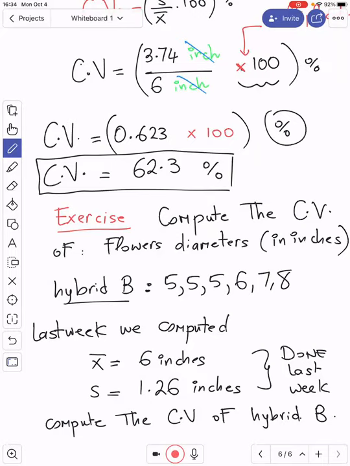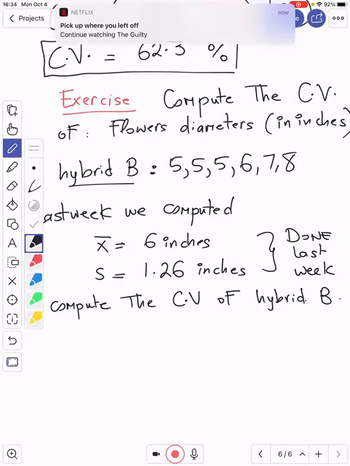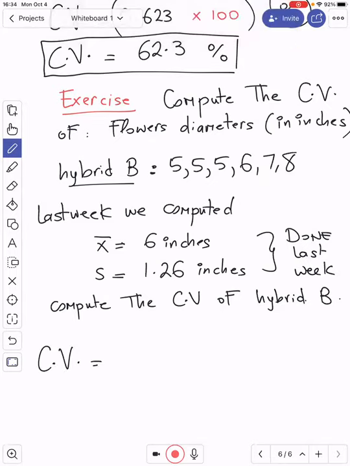As you said, this coefficient of variation is going to be 21%. So again, it's just S over X bar times 100%.